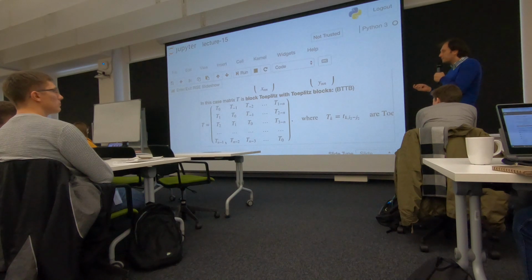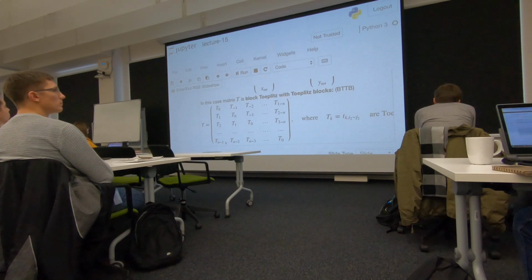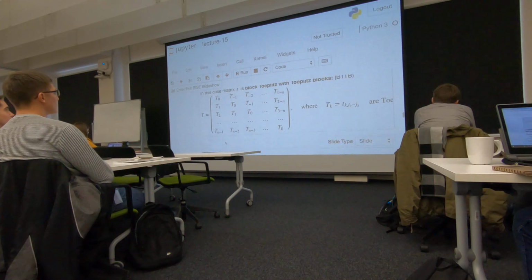If you have a two-dimensional convolution, you get block Toeplitz with Toeplitz blocks. That's how it looks visually. If you have three dimensions, you will have block Toeplitz with BTTB blocks, just three-level Toeplitz matrices.